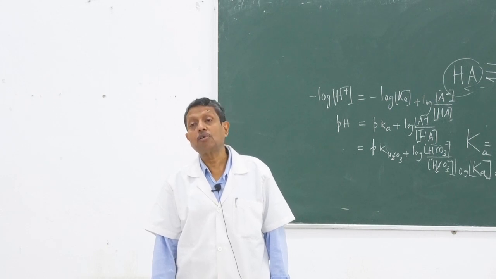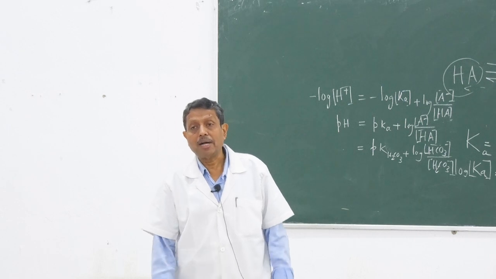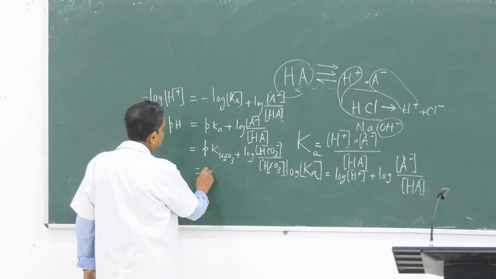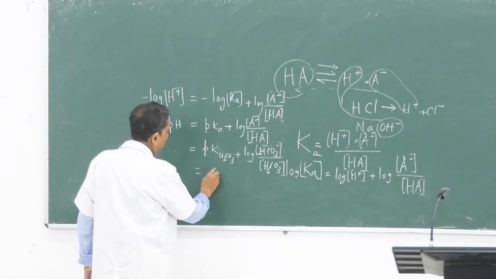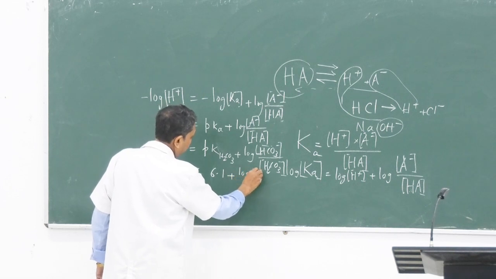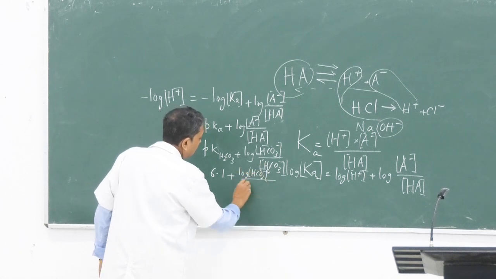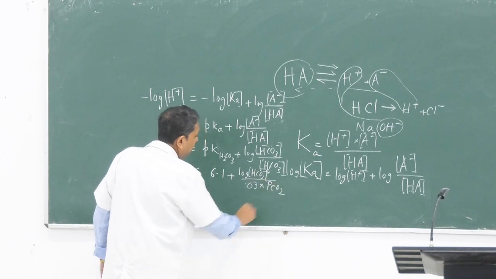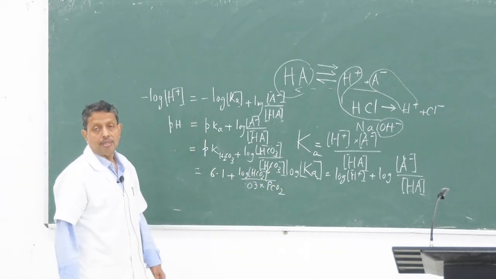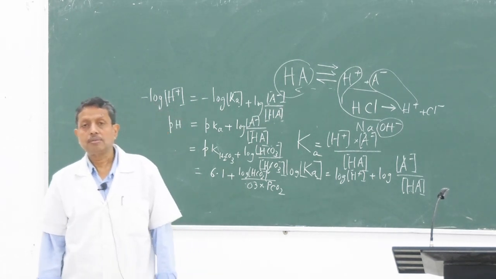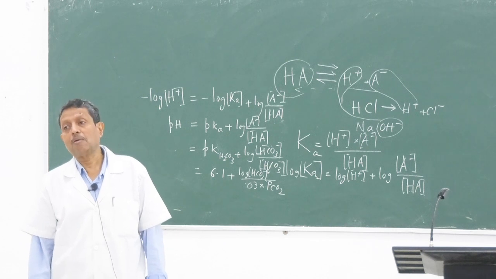If you take that equation, it becomes pH equals 6.1 plus log of bicarbonate over 0.03 multiplied by PCO2. 0.03 is the solubility constant, in millimole per liter per millimeter of mercury.